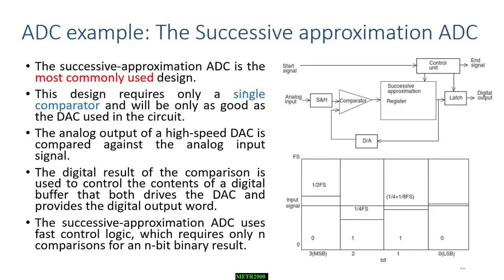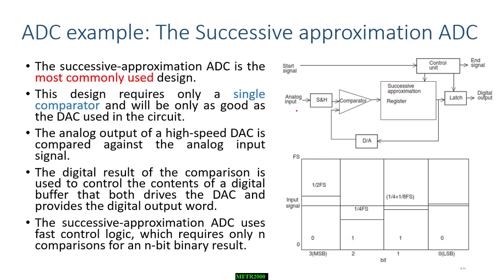The second type is the successive approximation analog to digital converter. It is quite simpler because you don't need many components. However, you need to understand the operation.